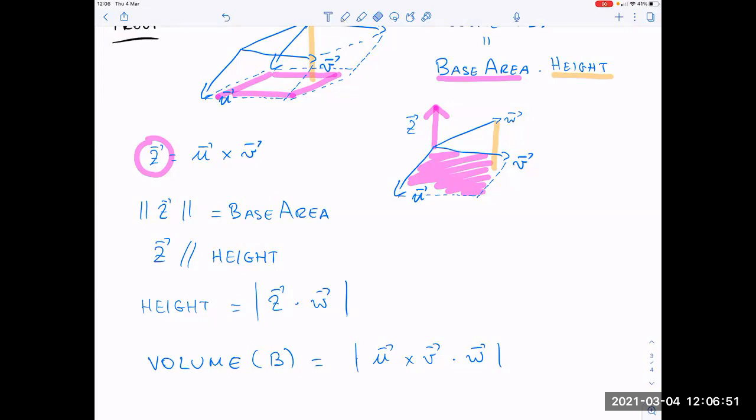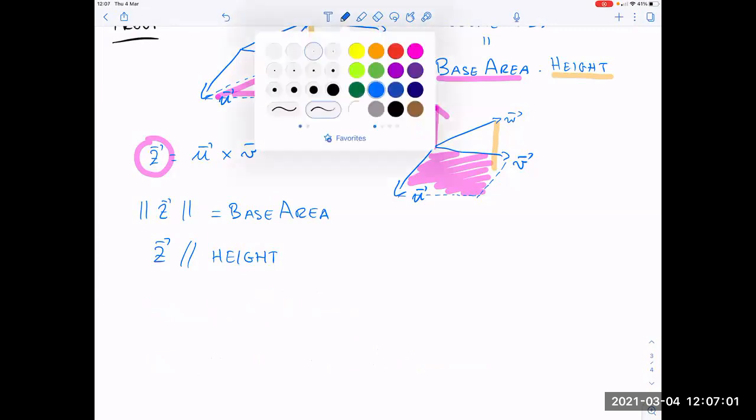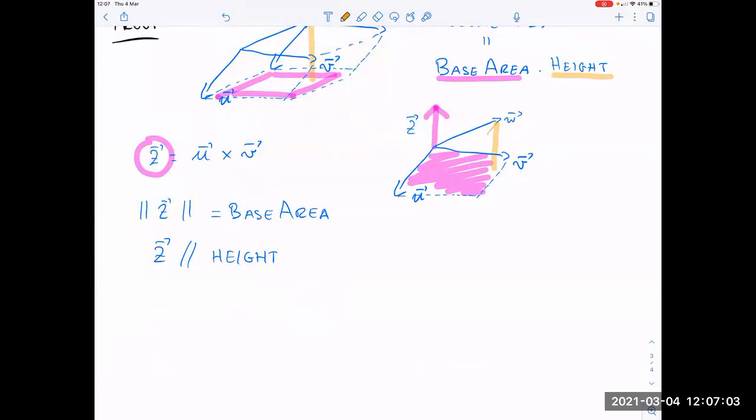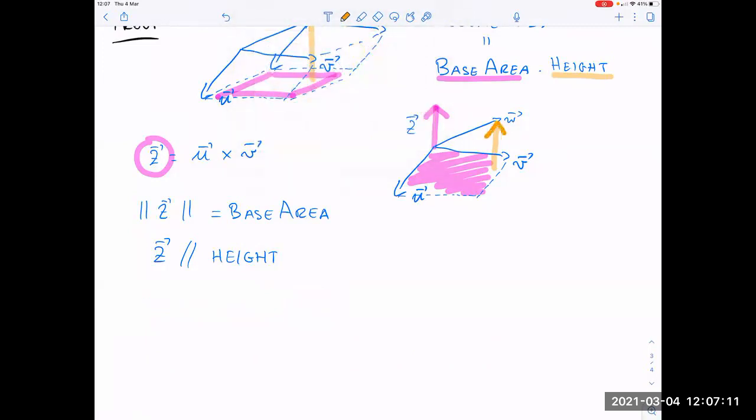So I see why you are confused. That was a little bit too quick. So let's say we introduce an orange vector here, probably like this. Let's see. Yep.